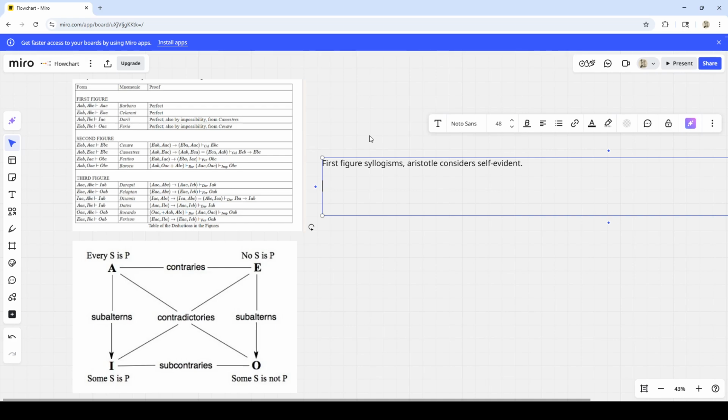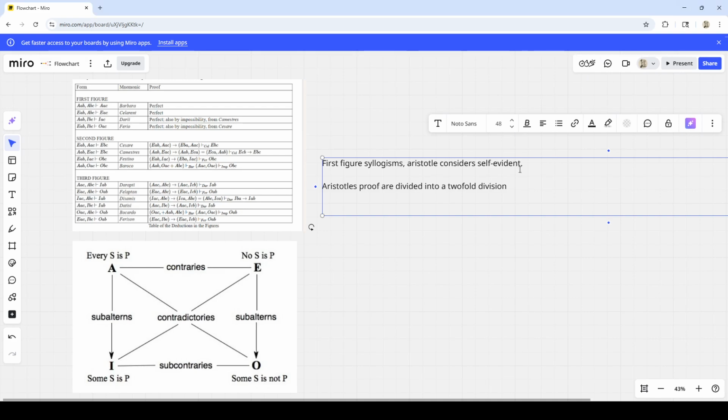Now, Aristotle's proofs are divided into a twofold division. There's a proof through the impossible and a proof through direct deduction.